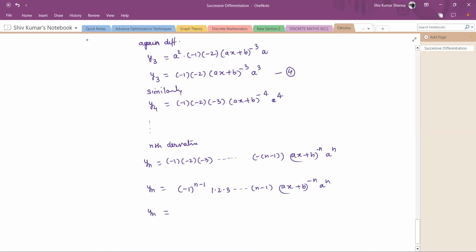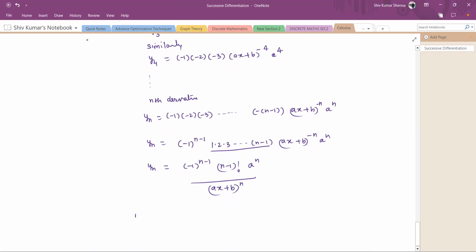So yn is equal to minus 1 raised to the power n minus 1, and 1 to n minus 1 is factorial n minus 1, into a raised to the power n upon ax plus b raised to the power n. This is the nth derivative of log ax plus b.